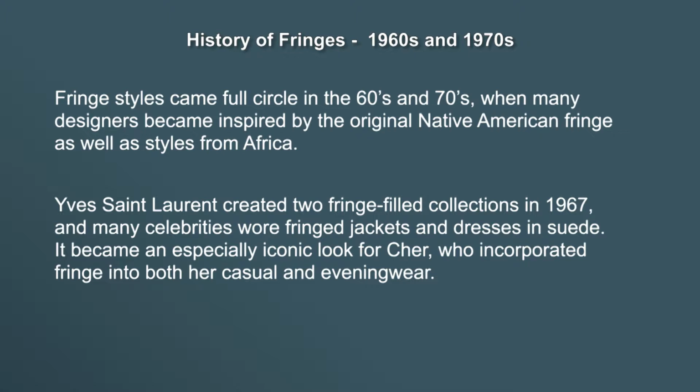Yves Saint Laurent created two fringe-filled collections in 1967 and many celebrities wore fringe jackets and dresses in suede. It became an especially iconic look for Cher, who incorporated fringe into both casual wear and evening wear.